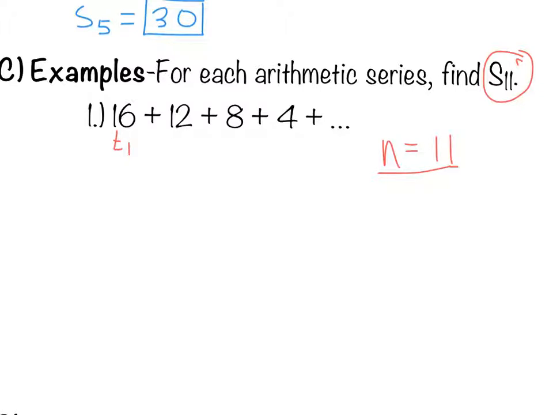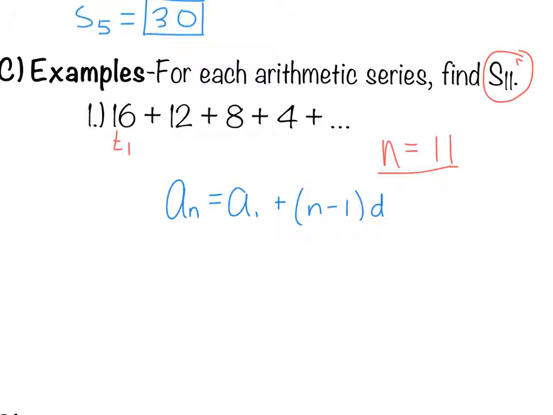So to find the last term, we can use our sequence skills: a sub n, which represents t sub n, equals a sub 1 plus n minus 1 times d. We only need to figure out d.